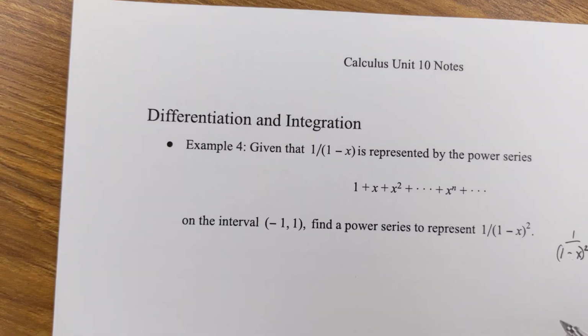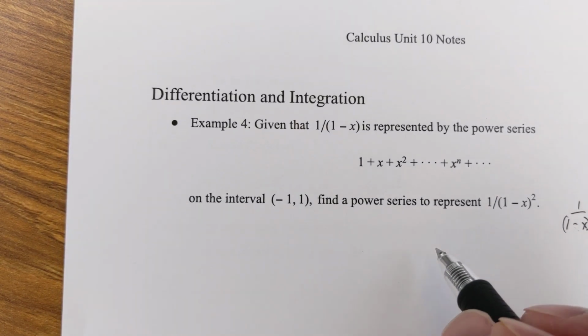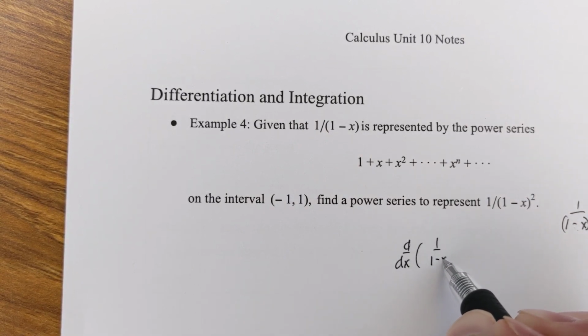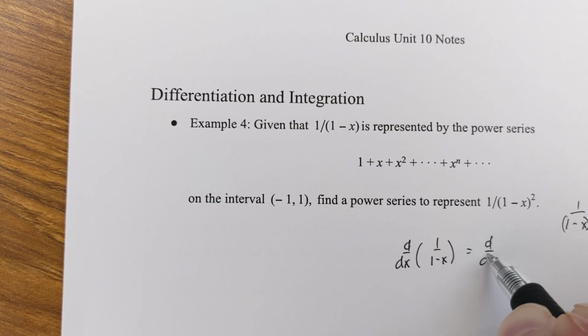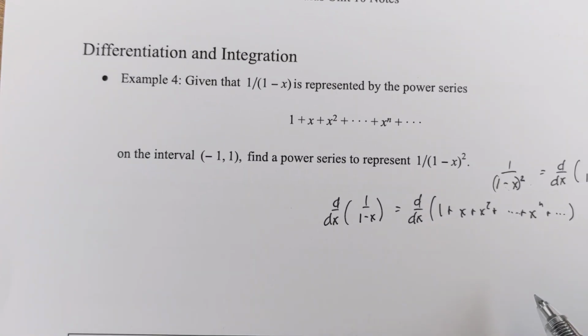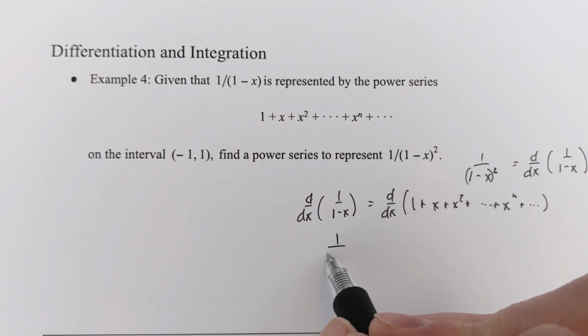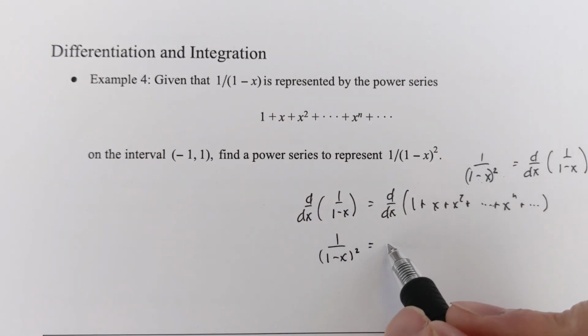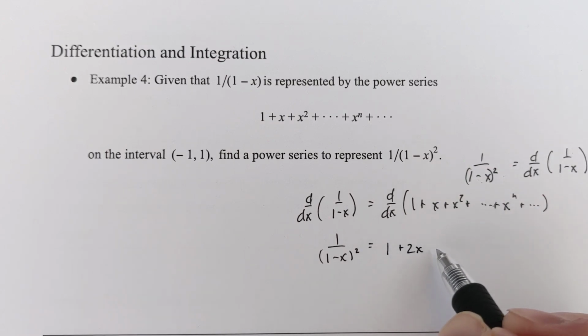So what we can do is d over dx of 1 over 1 minus x is equal to d over dx of 1 plus x plus x squared plus, and so on, x to the nth plus, and so on, forever. Okay, so over here, this becomes our thing we're looking for. Over here, this becomes 1 plus 2x, so on and so forth.